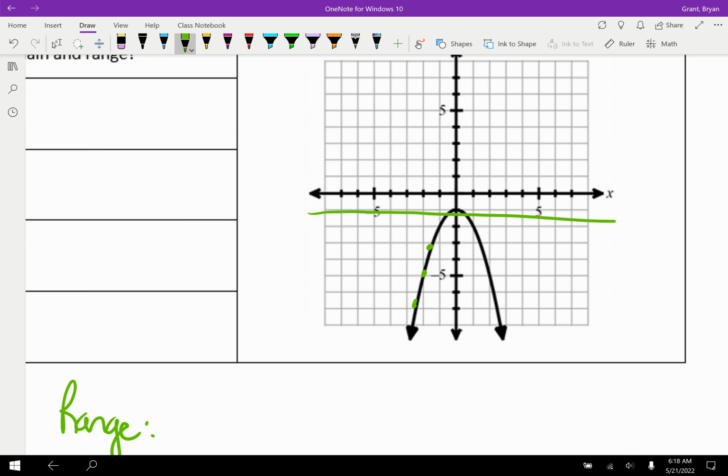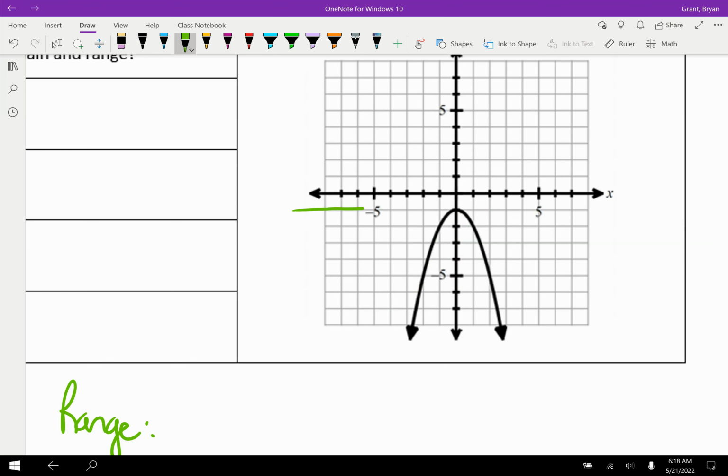Once we get to negative 1, there is a spot on my graph that has a y of negative 1. And negative 2 actually happens twice. Negative 3, negative 4. And it looks like every number starting at negative 1 and below will occur on my graph. Which is why sometimes you hear the range described as how tall your graph gets.